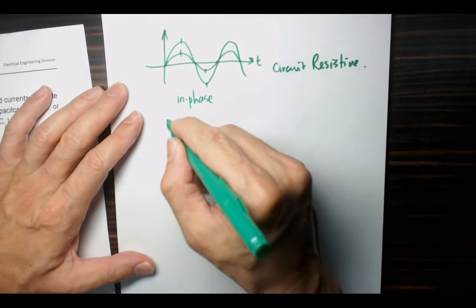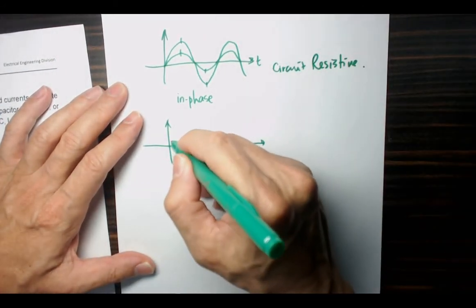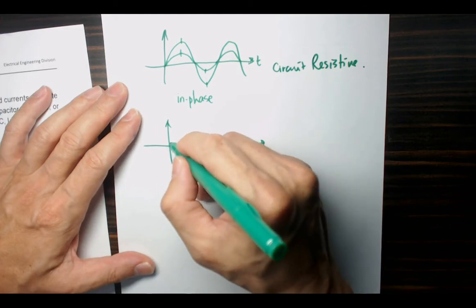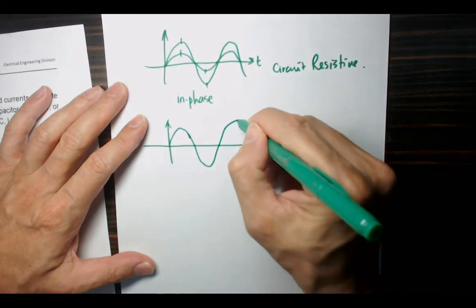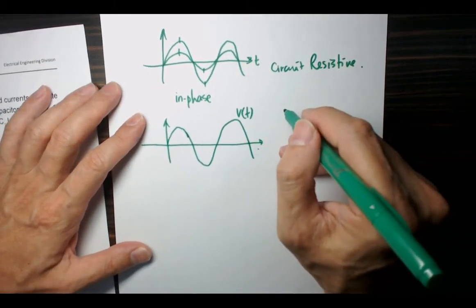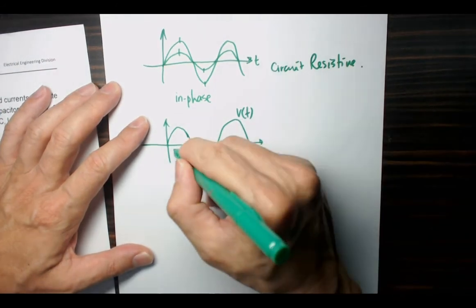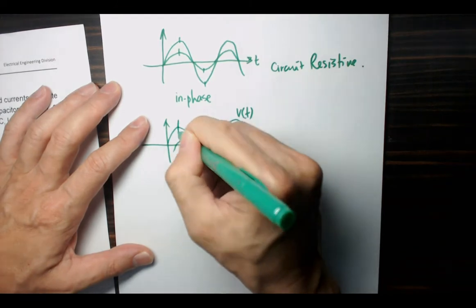Now if we found that the waveform is such that the voltage waveform is actually leading the current waveform, that means the current waveform is a bit behind, right?